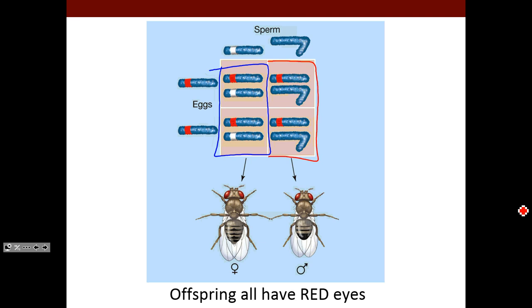That's because all of those XY offspring got Y from their XY parent, and they got this dominant X from their XX parent. Does that make sense? Okay.